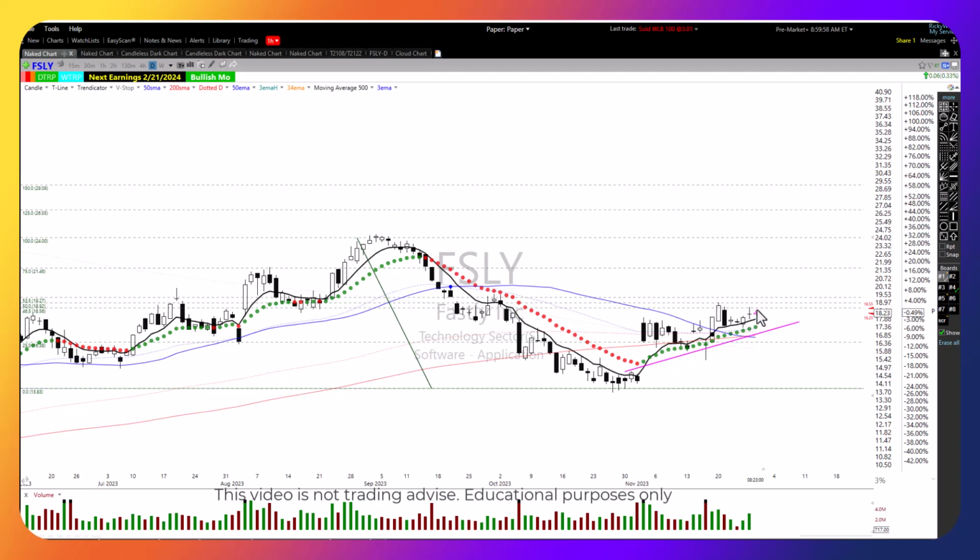So if Fastly has the energy to push through here, what happens is this whole area becomes a trading playground. I said this earlier: we're going to cap that in. So let's do this. I'm going to go from the trend indicator right up to that line.